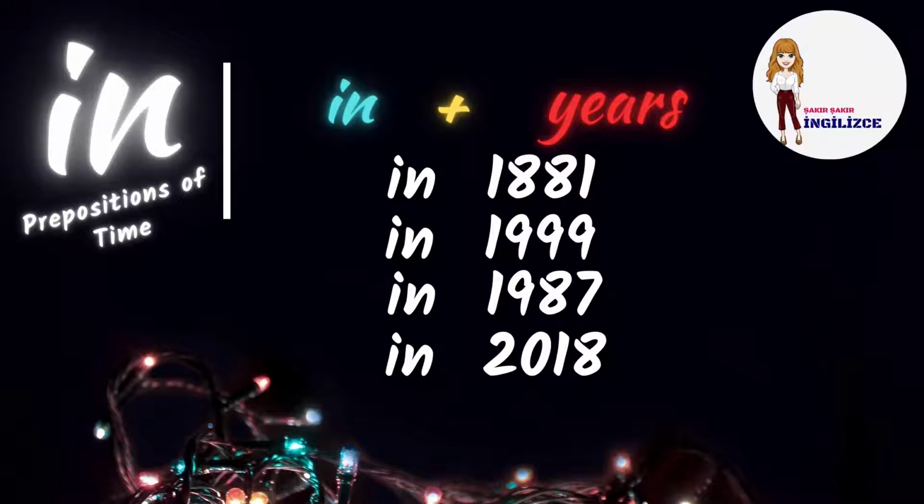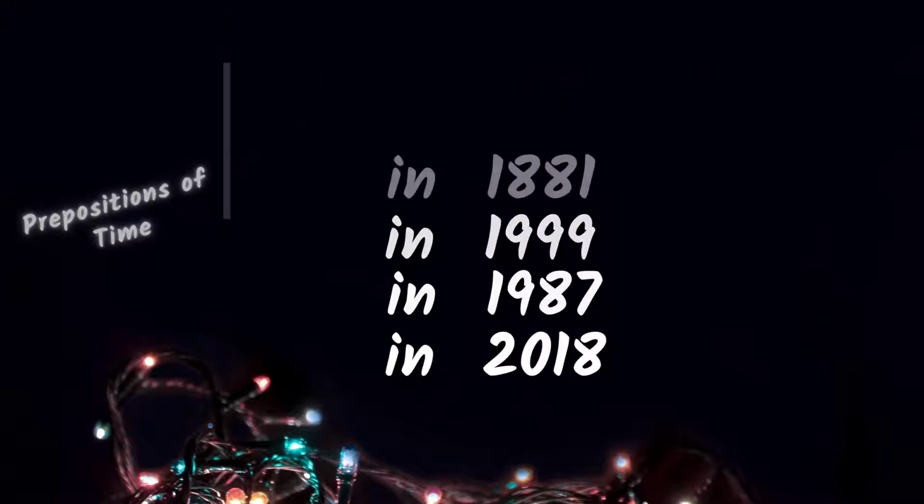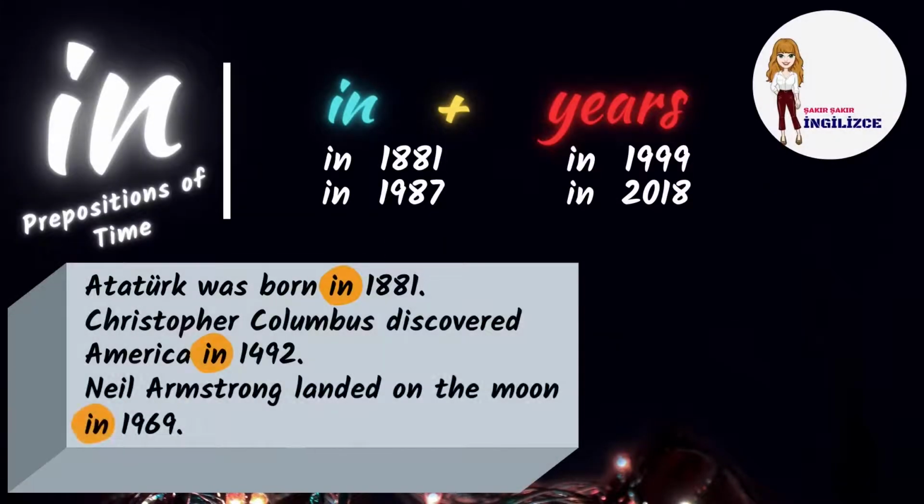See my video about how we say the dates in English. Let's see some example sentences. Atatürk was born in 1881. Christopher Columbus discovered America in 1492. Neil Armstrong landed on the moon in 1969.